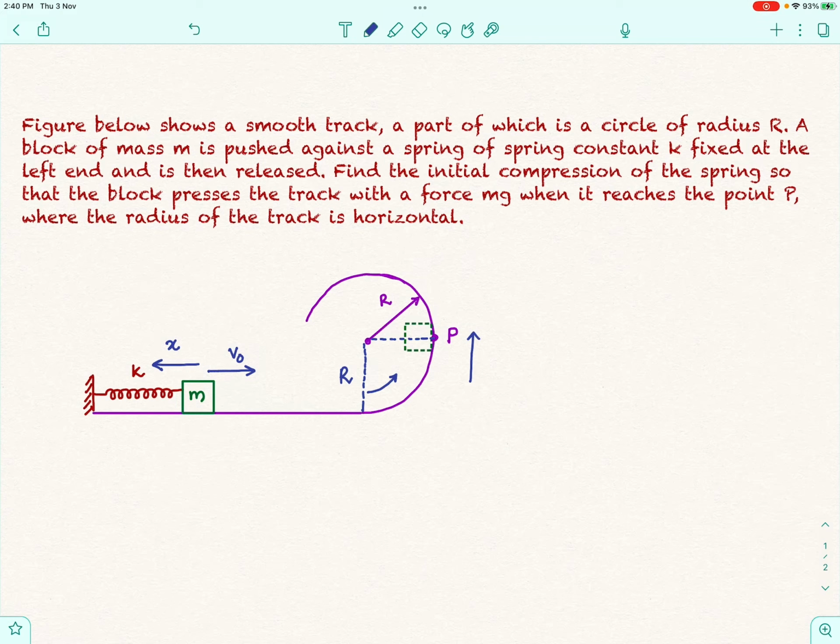We can use the law of conservation of energy to connect the potential energy of the spring with the initial kinetic energy of the block, and that with the kinetic plus the potential energy of the block at any point during the course of its motion on the circular track. So, let us do that first.